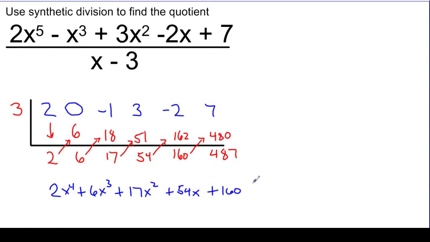So this last term, the 487, we're going to say plus because it is positive, 487 over the divisor, x minus 3. So that remainder, just like in long division, is always going to be over the divisor. So I would say this expression, 2x to the fourth plus 6x to the third plus 17x squared plus 54x plus 160 plus my remainder, that is the quotient of my division problem.